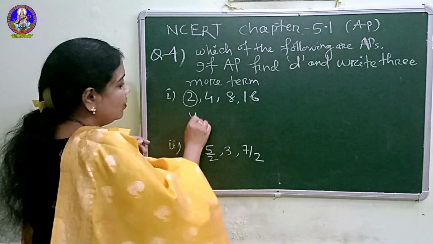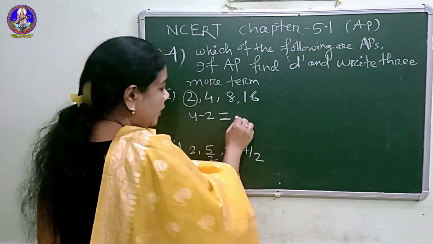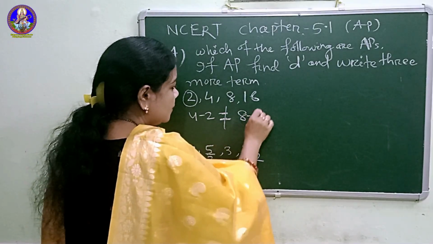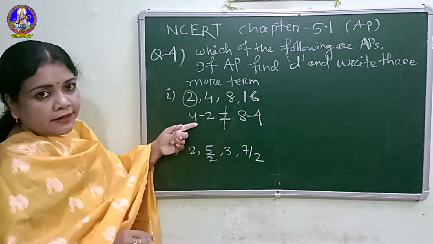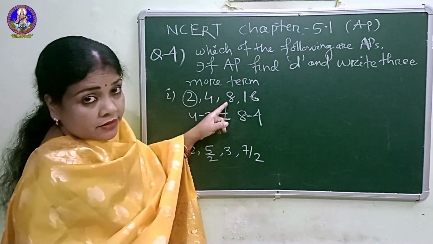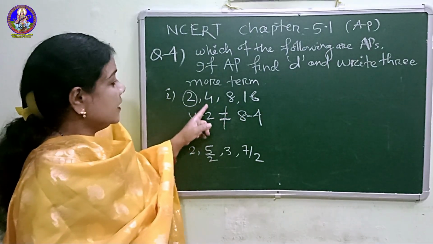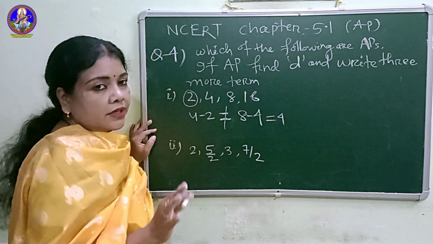Now see, 4 minus 2 is not equal to 8 minus 4. Taking the difference of the second term and first term, you will get 2. But if you subtract the second term from the third term, you get 4. So 4 is not equal to 2.